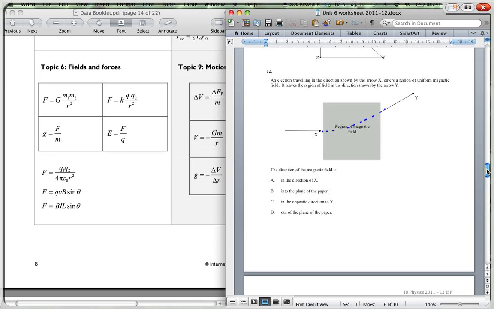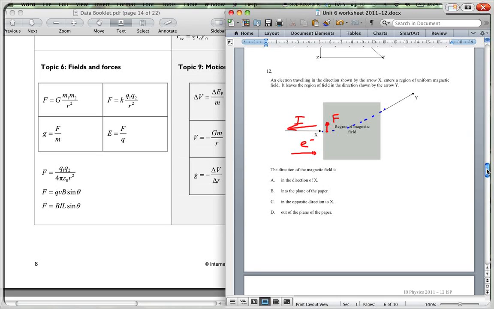So at this point, just as it enters, it's moving this way, so there's a force acting in that direction. Now, because this is an electron going in this direction, we would say the current is going in the reverse direction. So if we take the right hand, we have our thumb in the direction of the current.